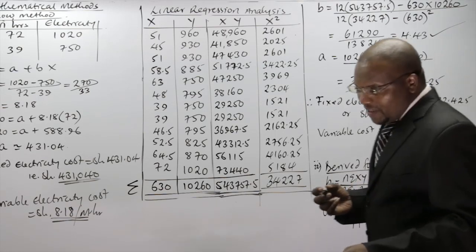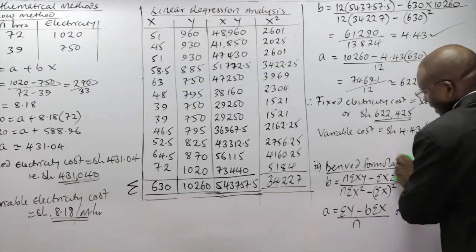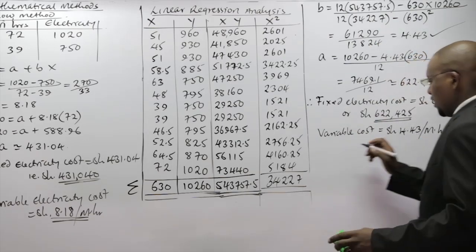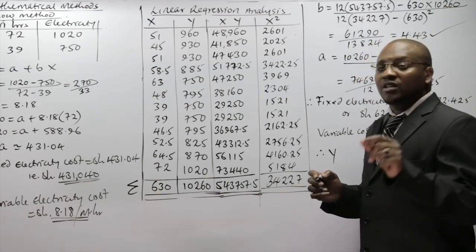So if you were to come up with an equation, even though not asked, then that equation, the cost function, would be y, which now we can say is our regression line.